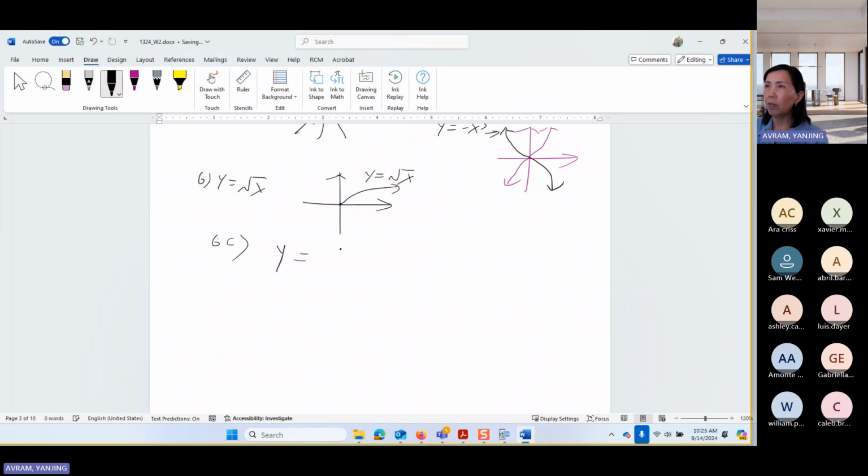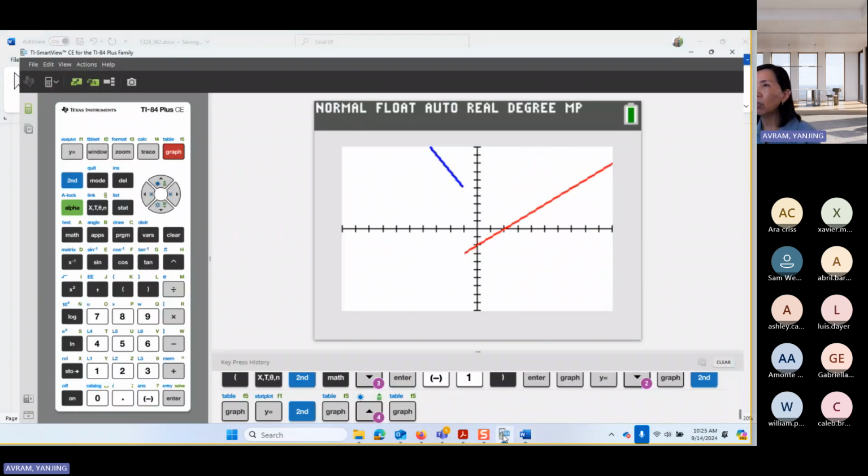All right, if I have y equal to the cube root of x, one thing: the cube root here is a real root, so x can be anything. It will be right here and then right here. All right, so that's y equal to cube root of x. Okay, x can be negative, x can be positive. And if you do not know, you can put it in a calculator.